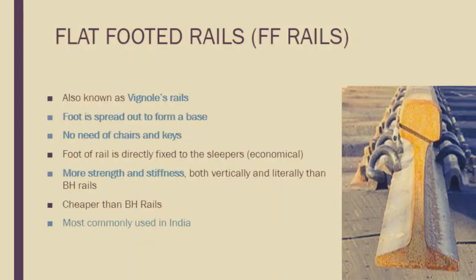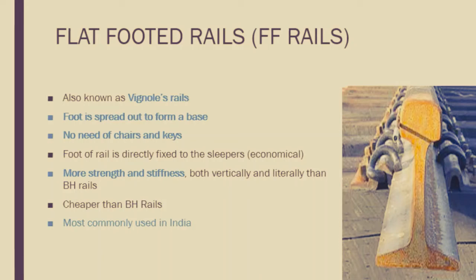So let's move on to the next type of rail, that is flat-footed rails or FF rails. It's commonly known as Vignoles rails. The peculiar feature of this rail is the foot is spread out to form a base. So that feature makes it a chair and key free rail.